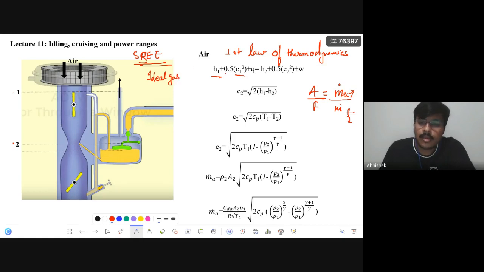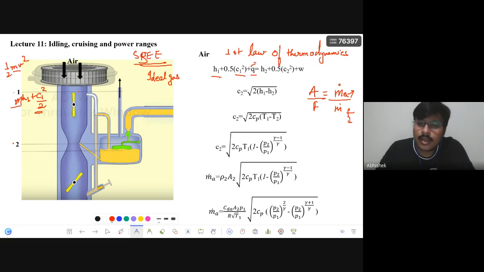So what is the energy content here? Enthalpy plus it is coming with a certain velocity. Let us say it is c1 square by 2. This is the kinetic energy, correct? Half m v square is the kinetic energy. We are considering specific properties here, which is why we have not multiplied by m. So h1 plus c1 square by 2 plus q. What is q?